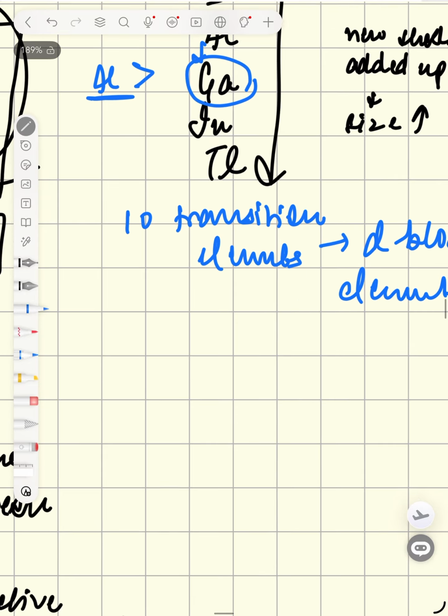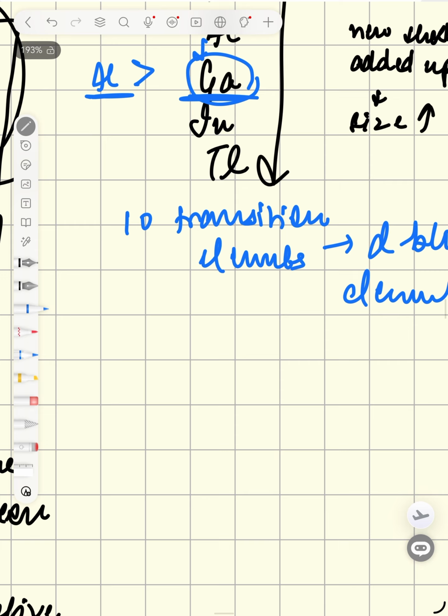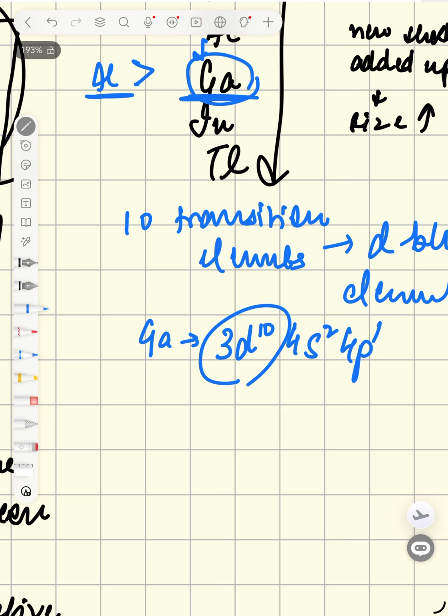This results in the presence of inner D orbital electrons in gallium. Therefore, the electronic configuration of gallium becomes 3d10 4s2 4p1.